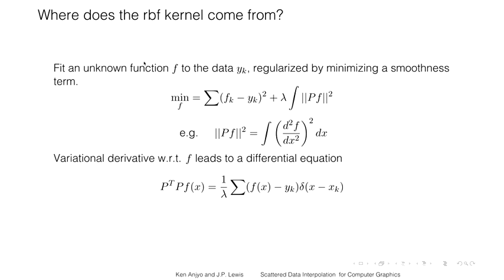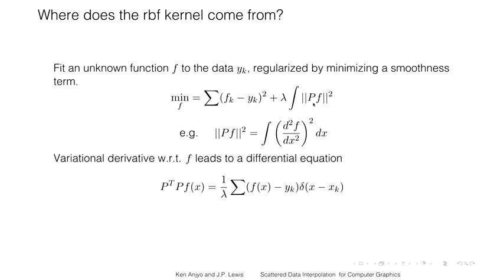So we have a problem of fitting data, and we're going to have a squared error. Now, if the data is sparse or scattered, that alone doesn't pin down the function yet. So we say, in addition, we want the function to be smooth. And we express that by minimizing a roughness squared integrated over the function.